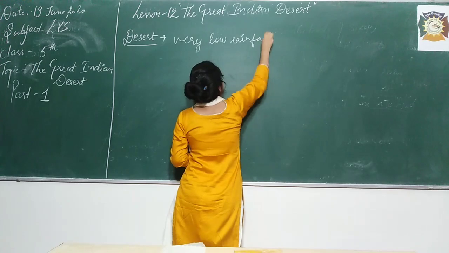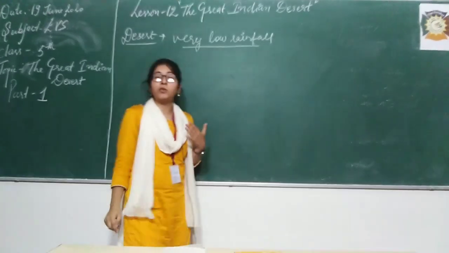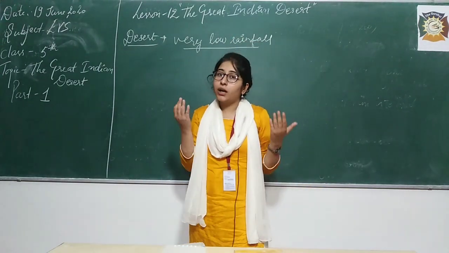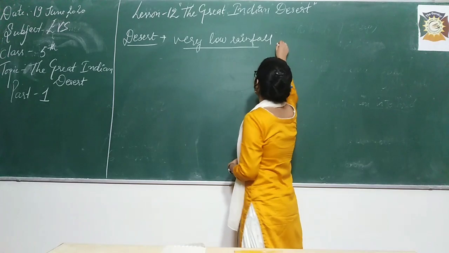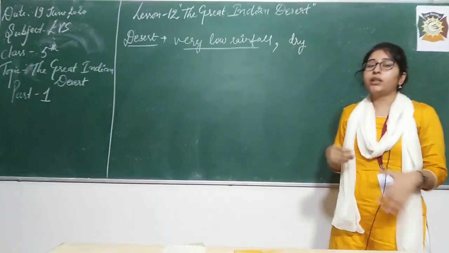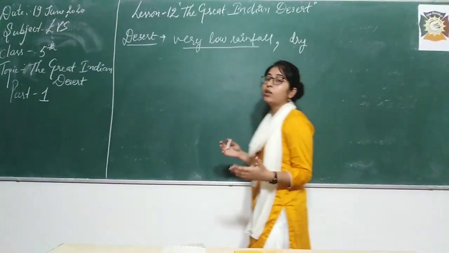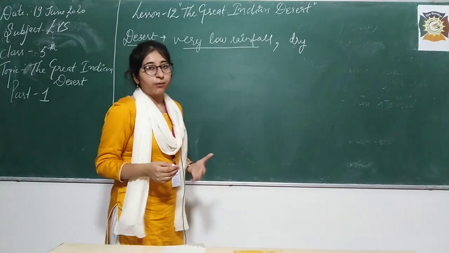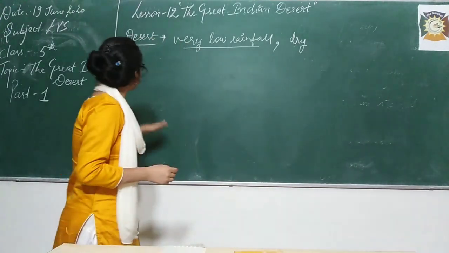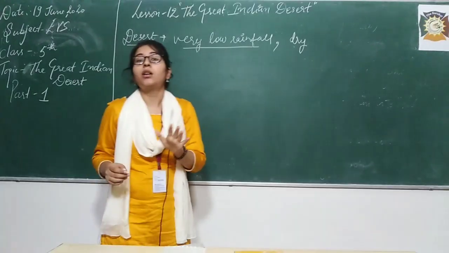Those areas which experience very low rainfall will obviously be dry, so throughout the year these areas generally remain dry. After that, what kind of soil do these areas have? We know that soil color is yellow or brown, and the same kind of soil is there in a desert, but the texture is different.